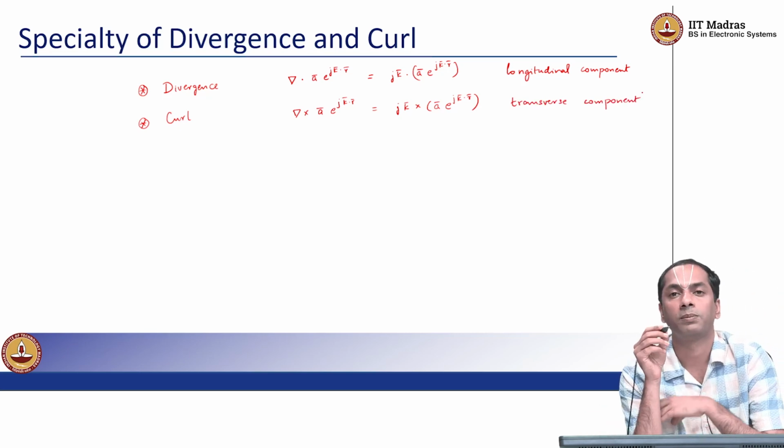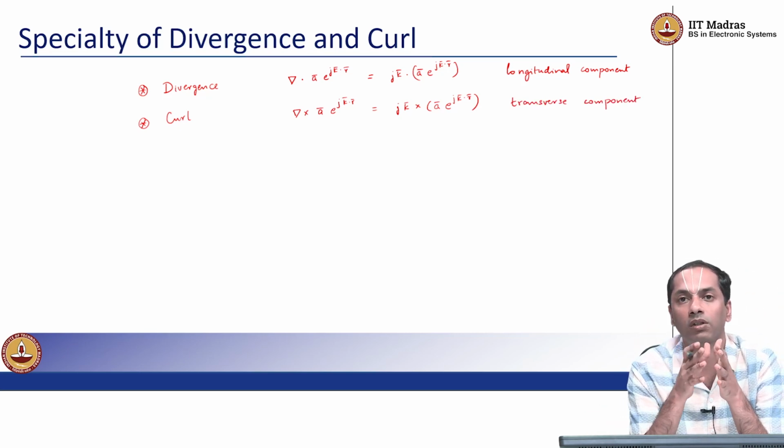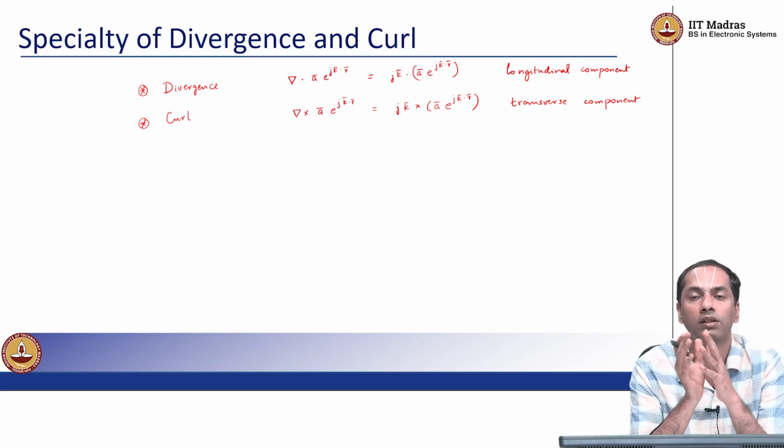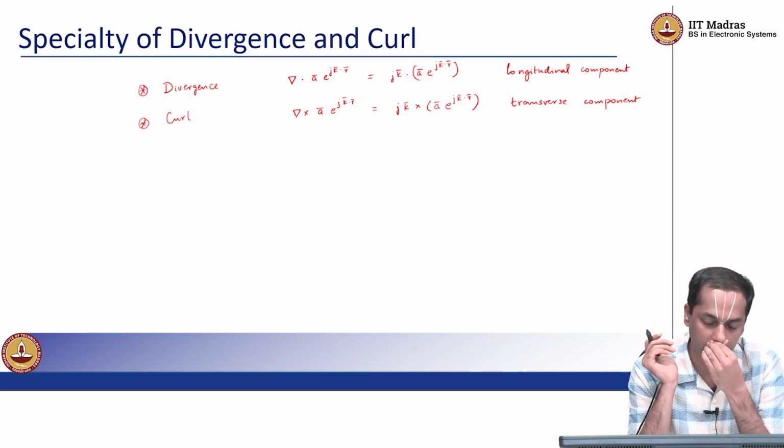So in some sense, the divergence gives you the longitudinal component and the curl gives you the transverse component, and together you can get the net field, right.